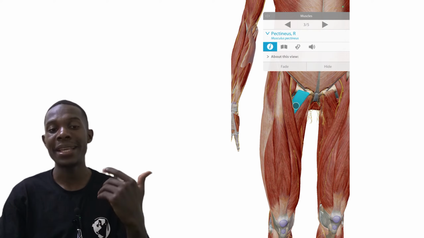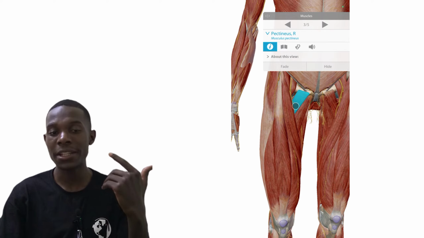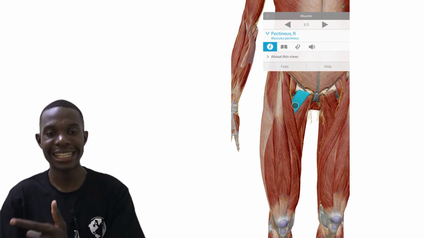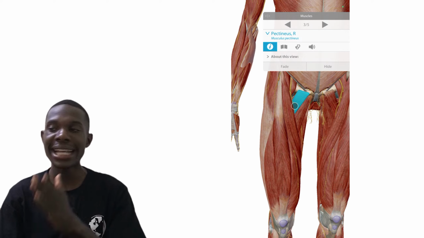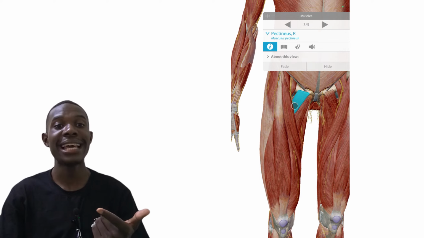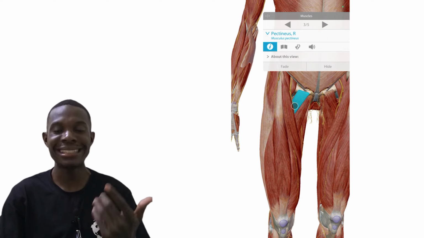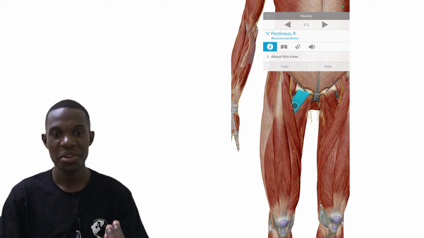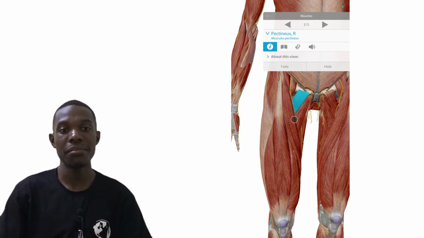It flexes the hip joint as well as adducting the hip joint. So it's found in the adductor compartment as well as the anterior compartment. This pectineus muscle is supplied by the anterior branch of the obturator nerve, right? So that's the pectineus muscle.